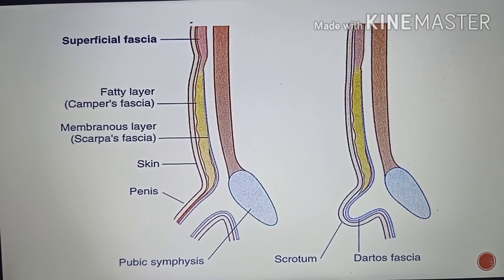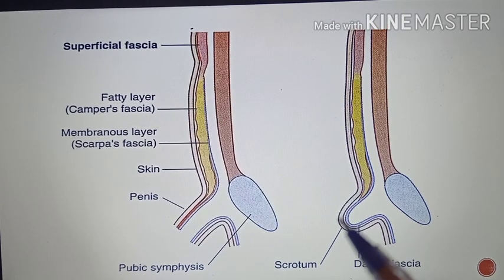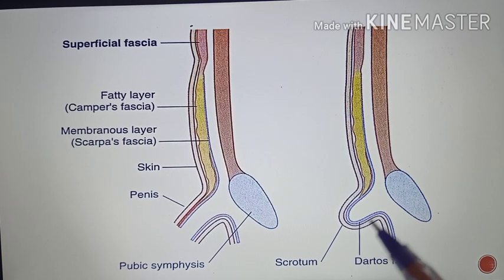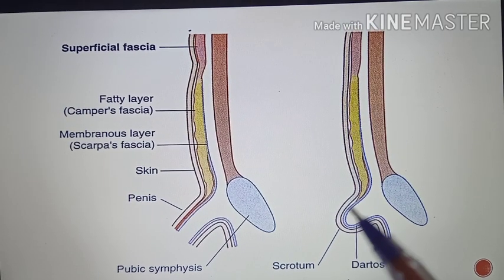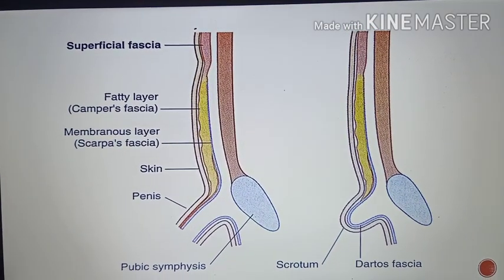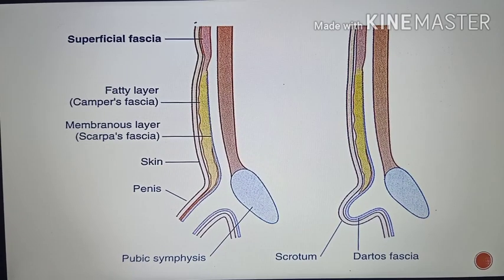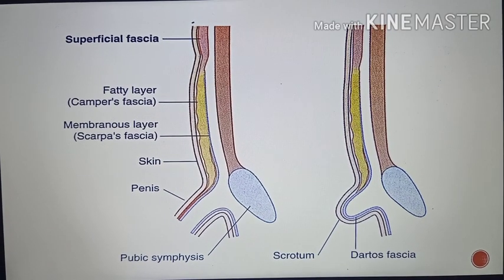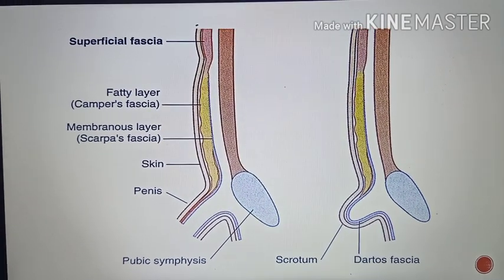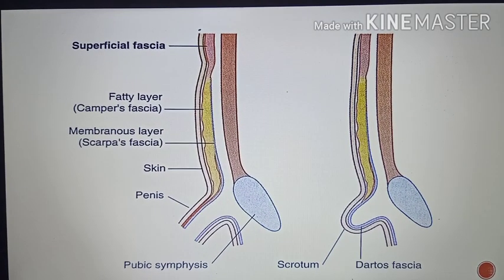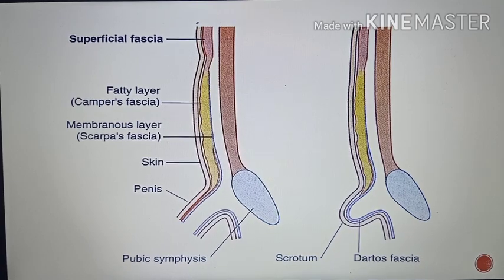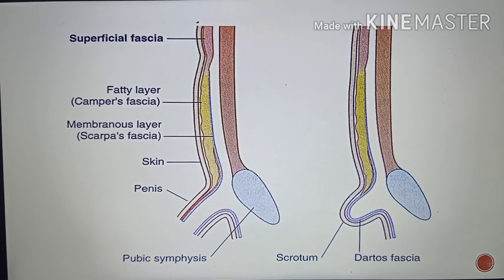It also continues into the scrotum, where it forms a specialized fascial layer containing smooth muscle, called the dartos muscle, DARTOS. Whereas in women, the superficial layer retains some fat and is a component of the labia majora.